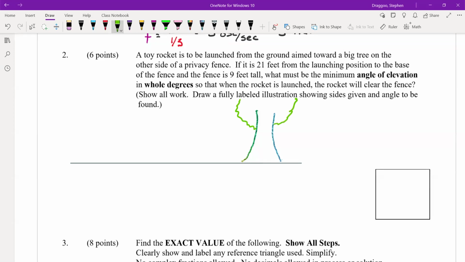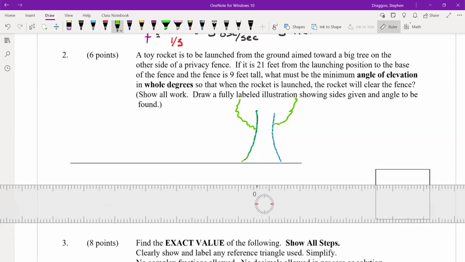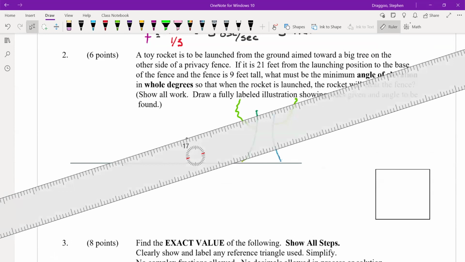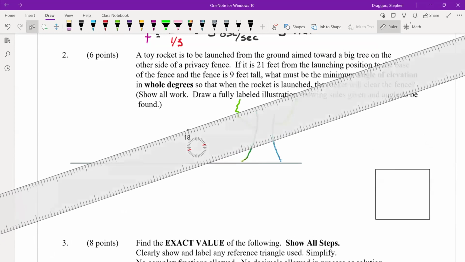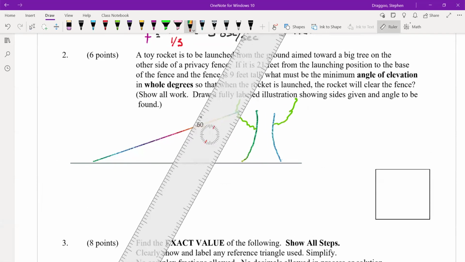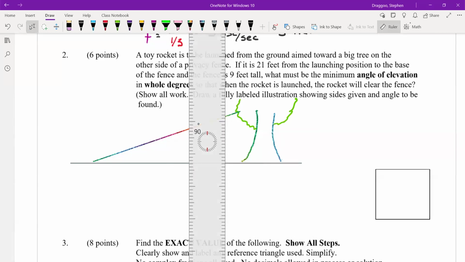We are aiming our rocket, which is 21 feet away, at this tree. So that might be the trajectory of our rocket, could be that line. And somewhere on here, we've got a 9-foot tall privacy fence. So we'll draw that in.